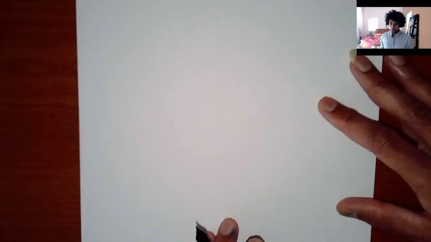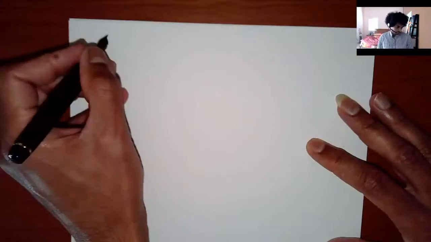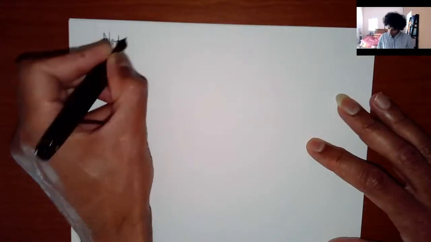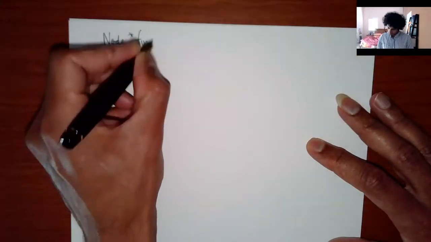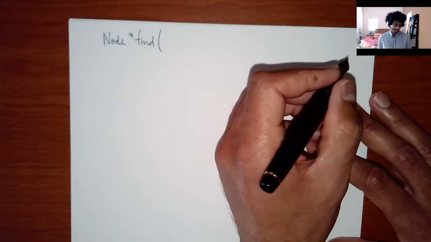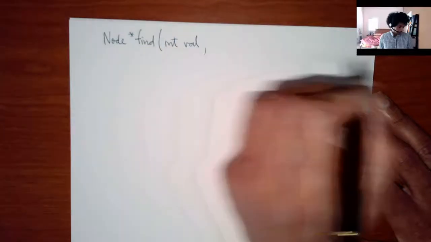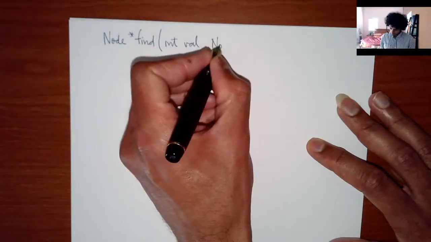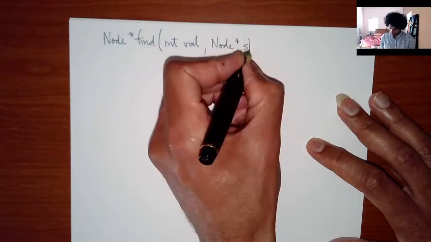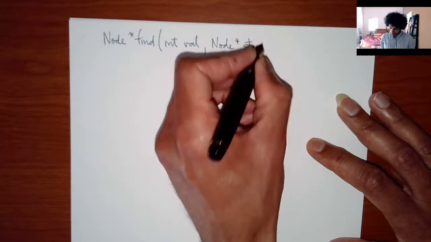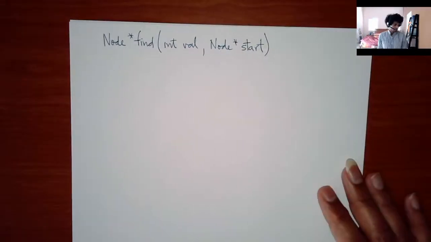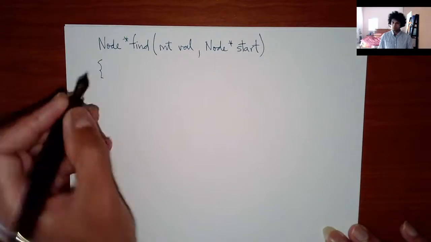So let me instead implement another procedure called find, where I have the value, but I also take an argument to a starting node.